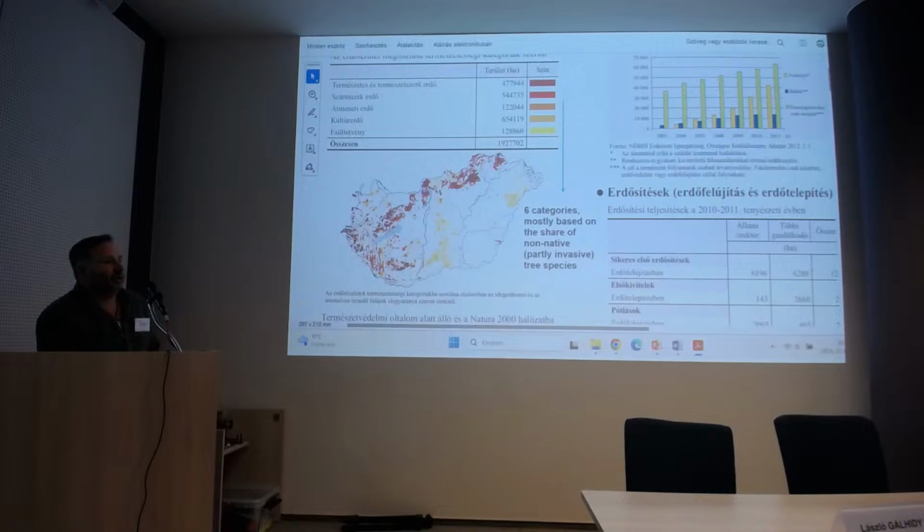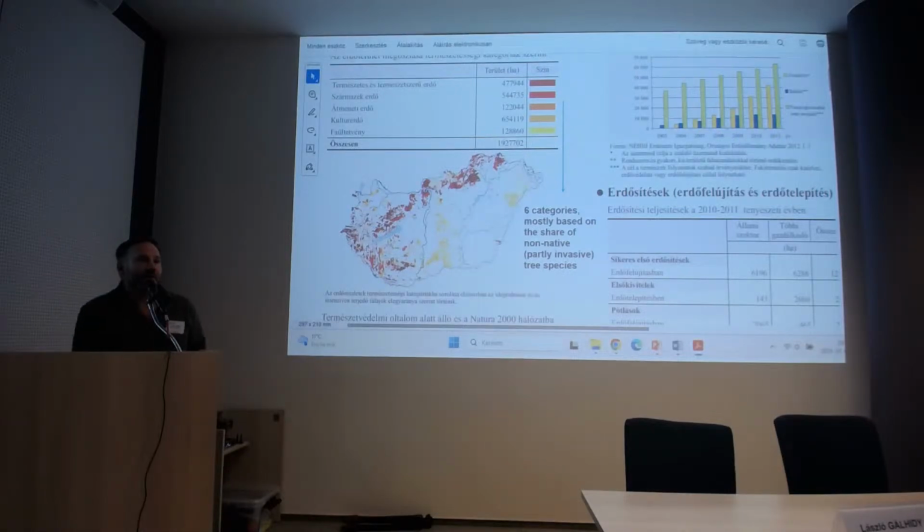The next step, after having this map, was a desktop analysis carried out by the forestry sector, and every single forest compartment was classified. Initially, there are 6 categories of naturalness, and you can see them on the map as well.